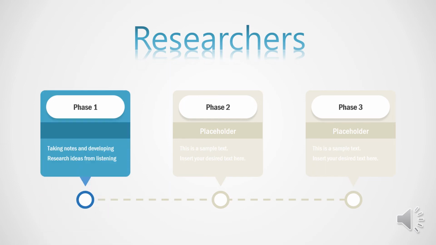Phase number 1, taking notes and developing research ideas from listening. This program begins by teaching students how to take notes without copying through the simple teaching of note-taking by reading to students rather than having them do the reading themselves. The book might be fiction or non-fiction, but it should have sufficient informational content for note-taking to be relatively easy.